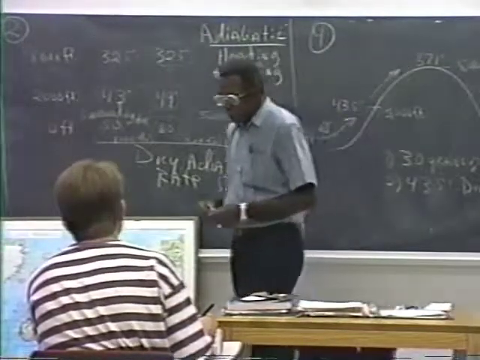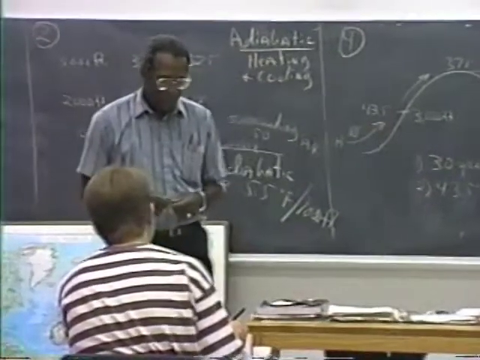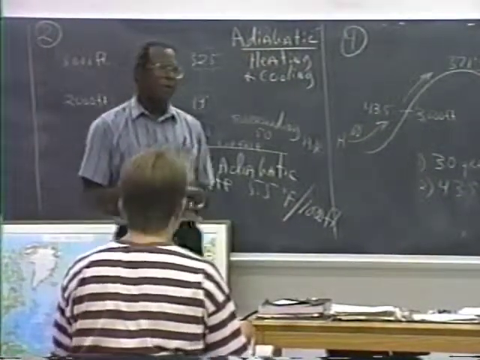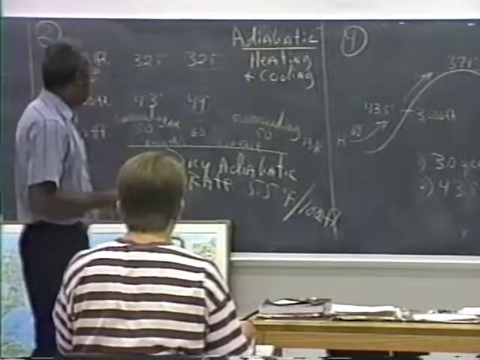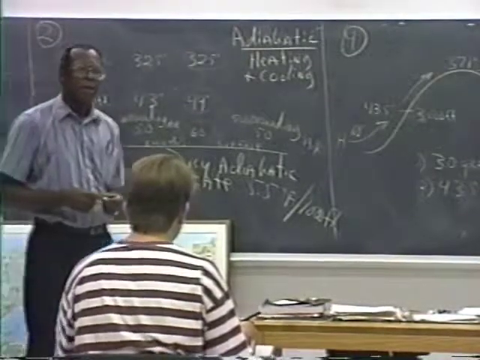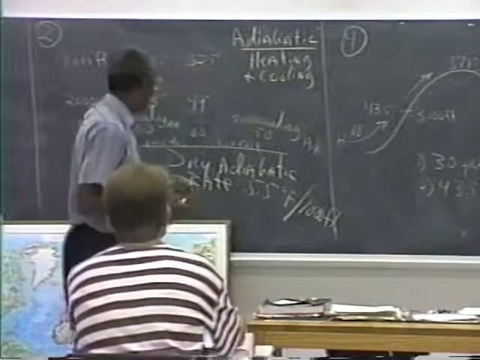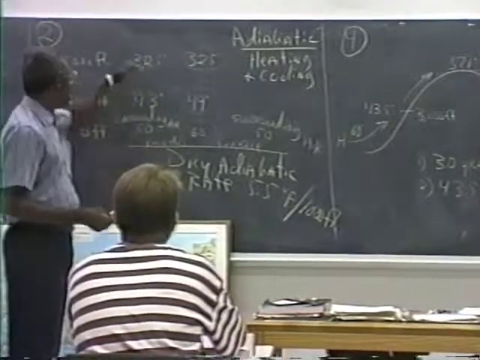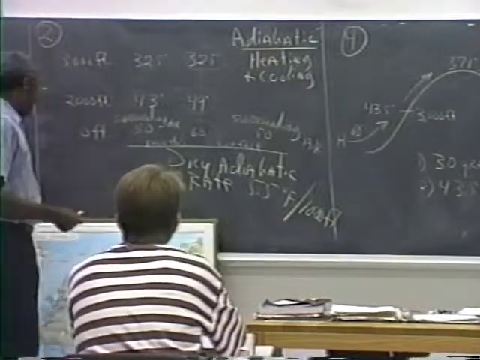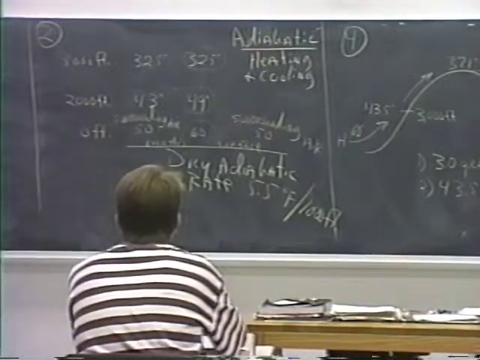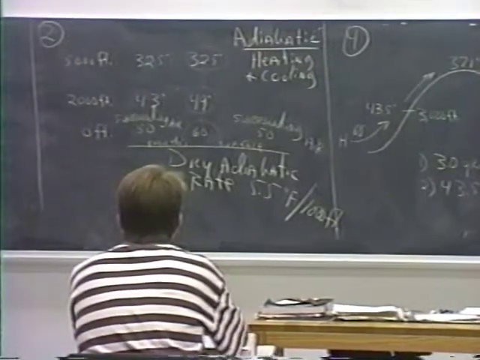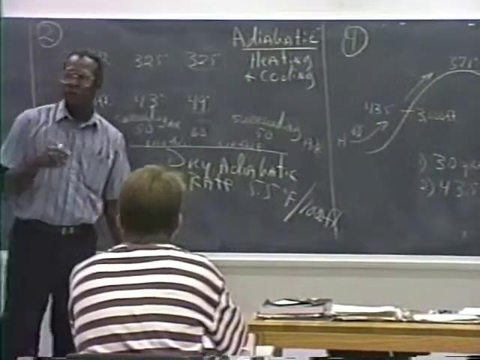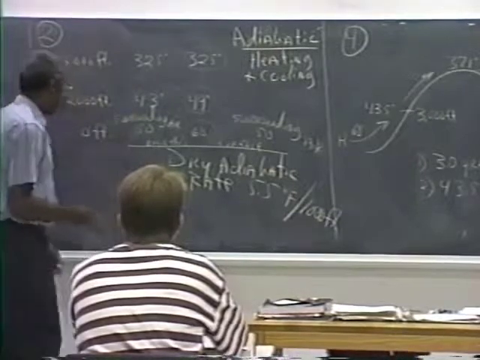So, if we realize that for every 1,000 feet the air will cool off at 5.5 degrees Fahrenheit on the average, then we could very easily determine the temperature of the rising air at 2,000 feet or at 5,000 feet. It's a very simple procedure to find out the temperature of rising air at these elevations. And it's very important, of course, for you to remember the procedure.